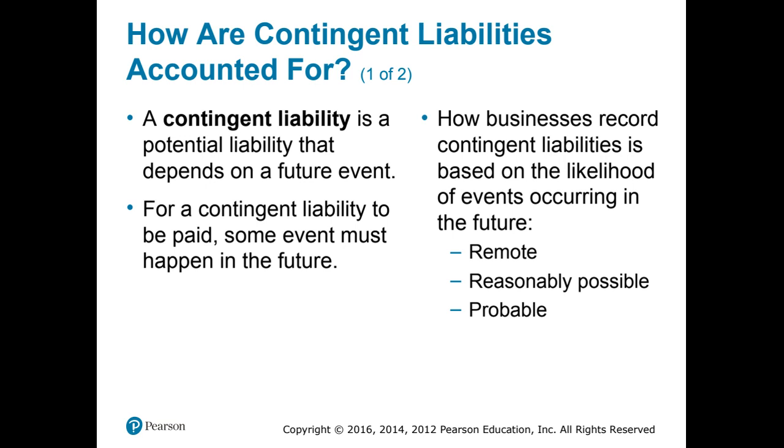How businesses record contingent liabilities is based on the likelihood of the event occurring in the future. And so we have three different likelihoods that we use for this: remote, reasonably possible, and probable.